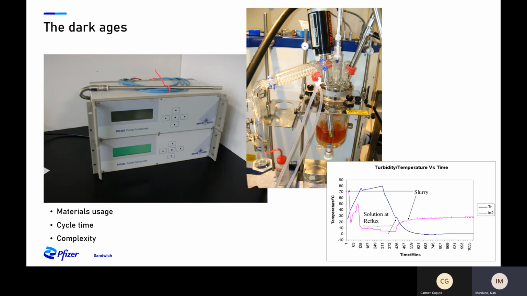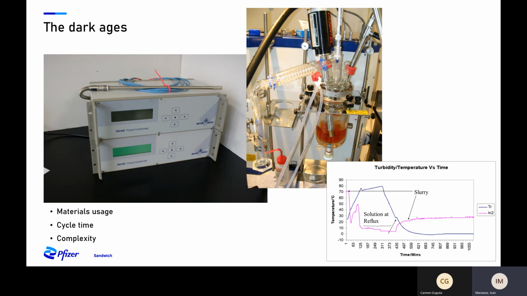A typical solubility measurement would take a lot more material. The cycle time would typically be a lot longer because we weren't able to run parallel measurements. Sometimes we'd be able to get multiple data points by doing serial dilutions, but again, probably not ideal.